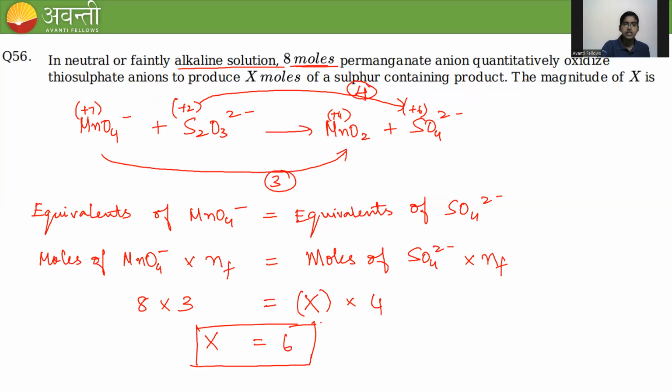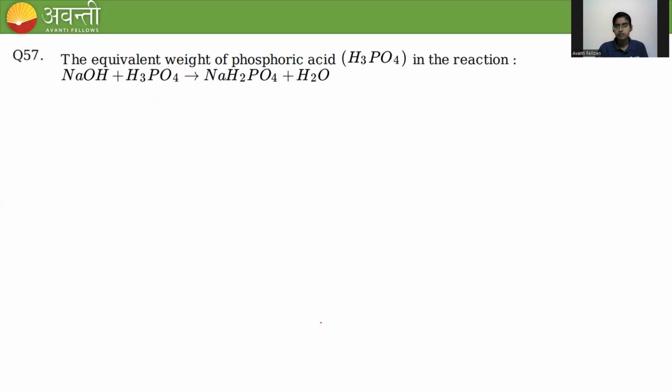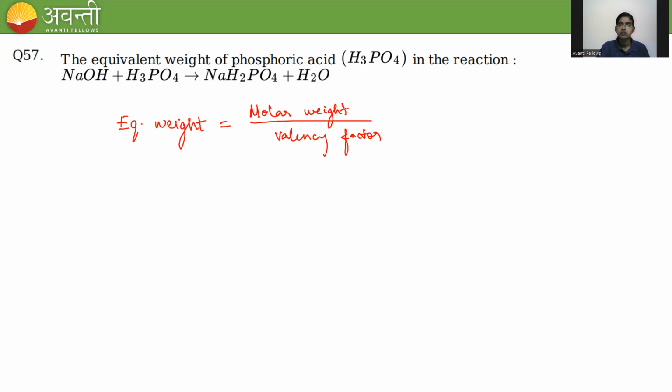Now moving on to the next question, question number 57. The equivalent weight of phosphoric acid in the reaction. So the equivalent weight can be calculated using the molar weight or the molecular weight of the substance divided by the valency factor. Molecular weight divided by valency factor.